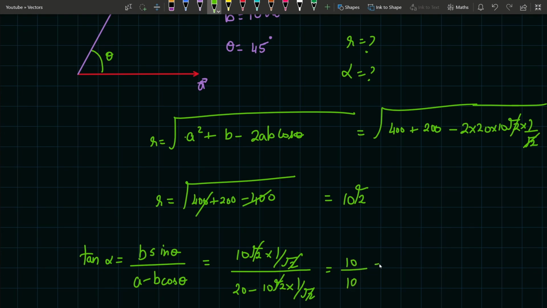So that will give us 1. Tan alpha equals 1, then alpha equals 45 degrees. Therefore we found the angle the resultant vector makes with the vector a. That resultant vector will be somewhat like this. Let us call this vector r, and it makes an angle of 45 degrees with the a vector.